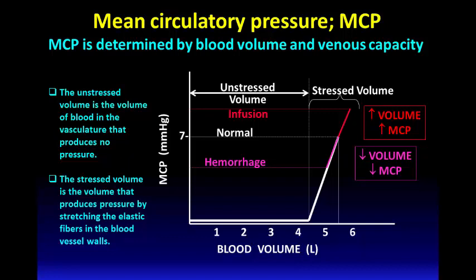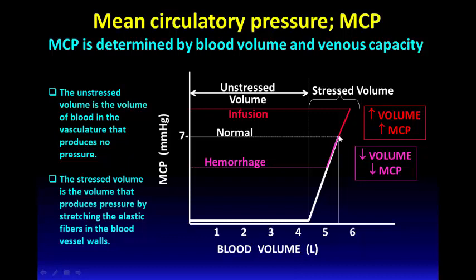During hemorrhage, the unstressed blood volume would remain the same, but the stressed blood volume decreases, and the decrease in the stressed blood volume results in a decrease in the mean circulatory pressure. On the other hand, during infusion, the stressed volume increases.